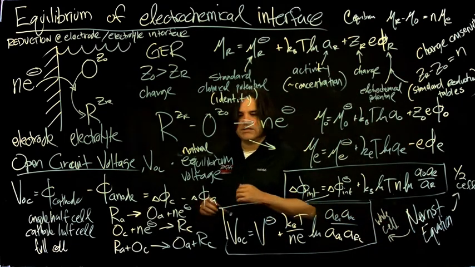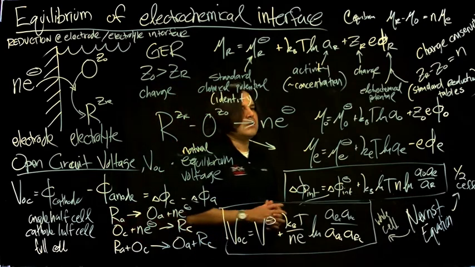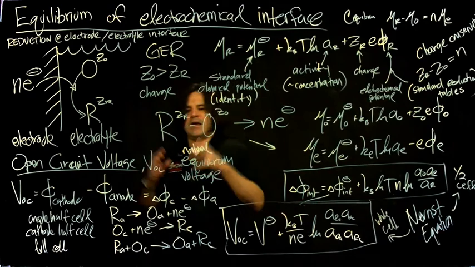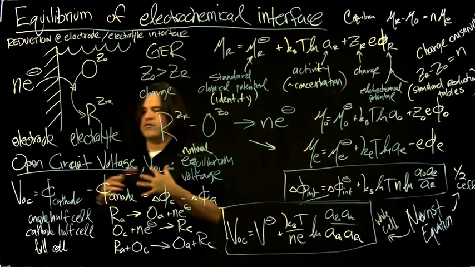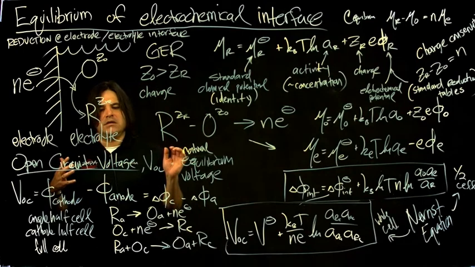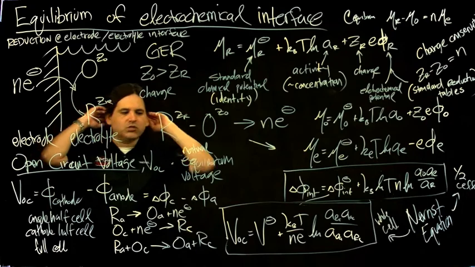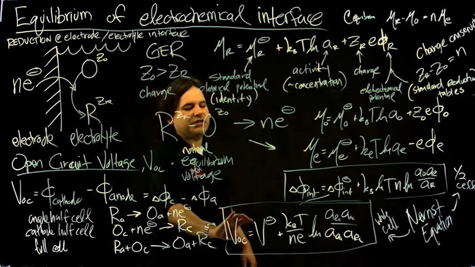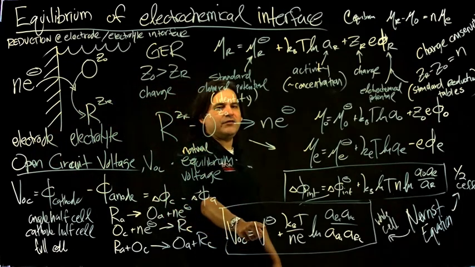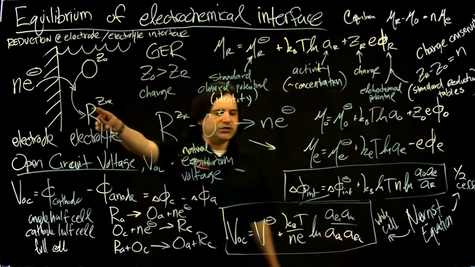So what we did is this is all equilibrium. Assuming that everything self-organizes and you have a balance over time, all of the energies balance out and you reach equilibrium, this is what you would expect. You would expect the voltage depending on the identity of your electrodes and the concentrations of the ions in the solution.